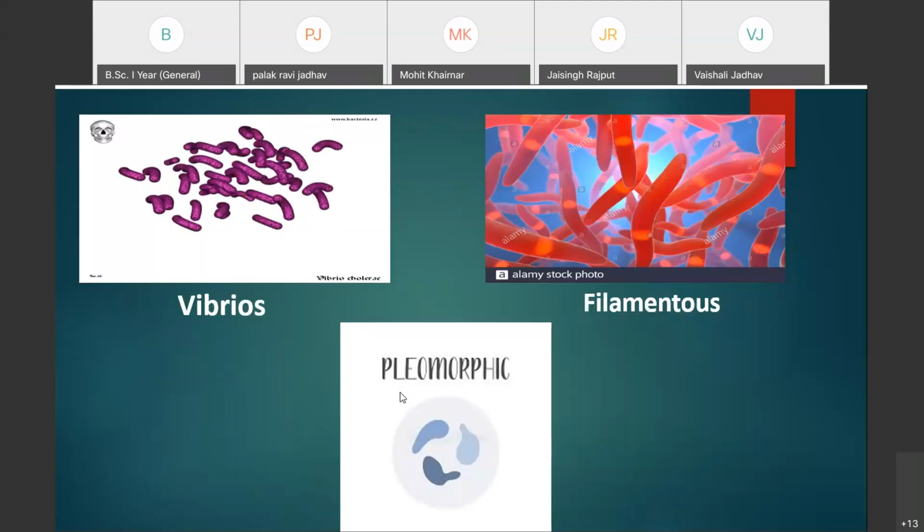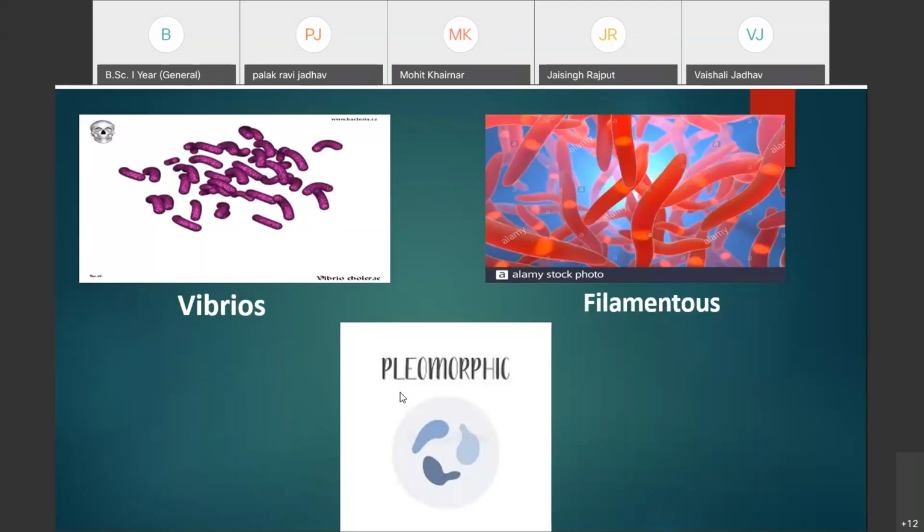That means a single bacterium can occur in more than one shape in its life cycle.